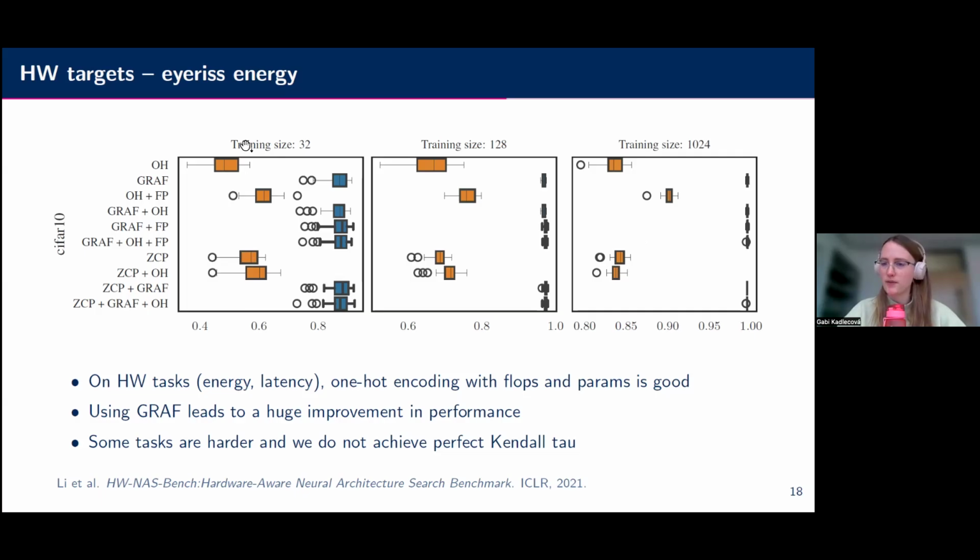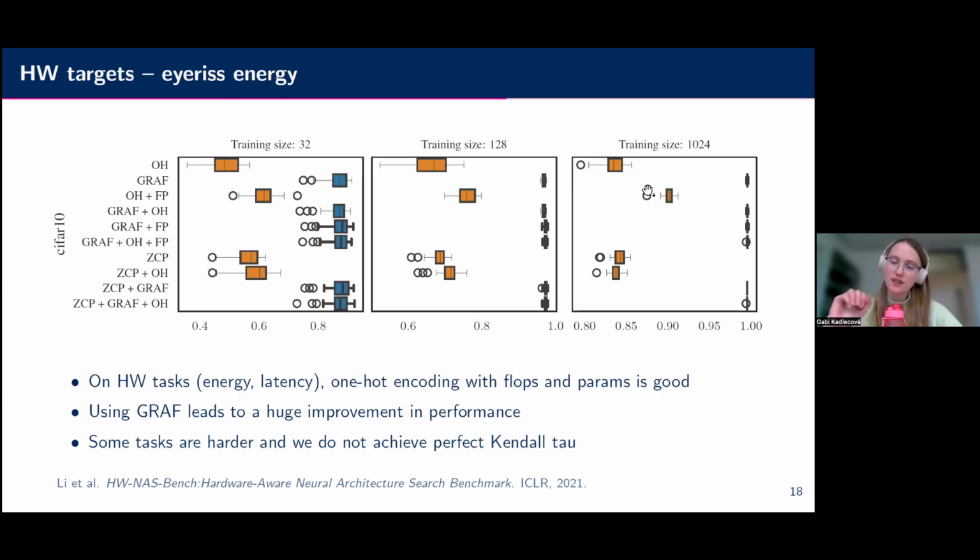For other tasks, I think it was sometimes even like one-hot was better than zero-cost proxies. Also, adding FLOPs and params to one-hot encoding will just make it instantly better than zero-cost proxies. But nevertheless, when you add GRAF to the mixture, you get quite good performance.